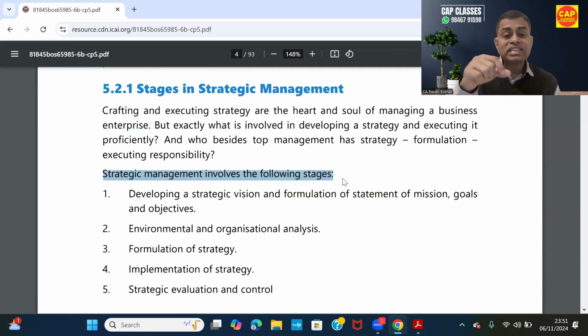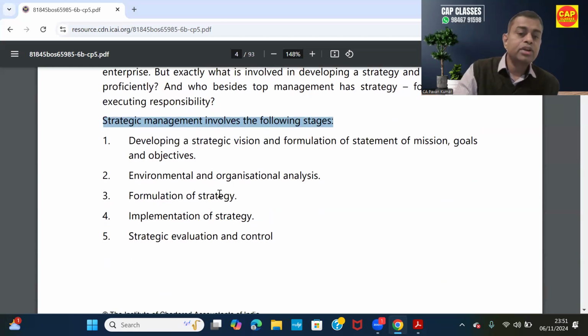What are the stages in the strategic management process? There are 5 stages. Ashwati, are you there? Can you read this, please?